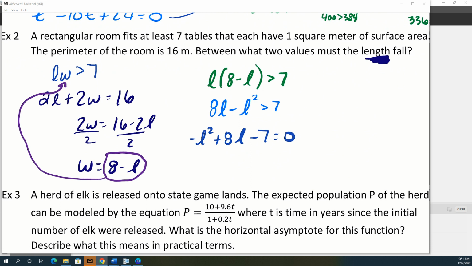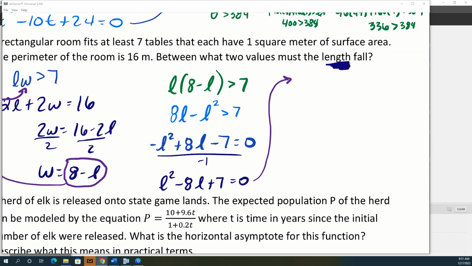Right now I don't like this negative in the front, so I'll just divide through by a negative or just change all the signs. And then it's pretty much the same thing we just did. We're going to factor it. It's super easy to factor.